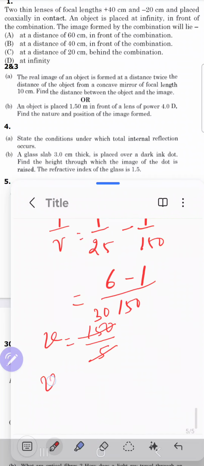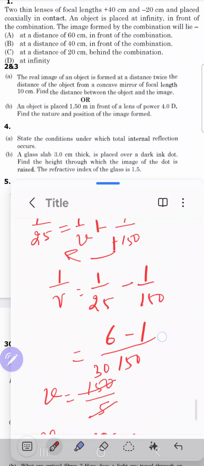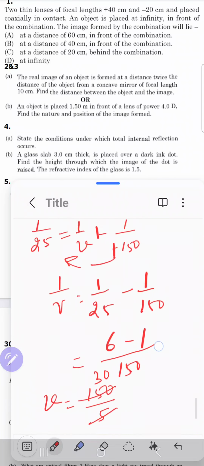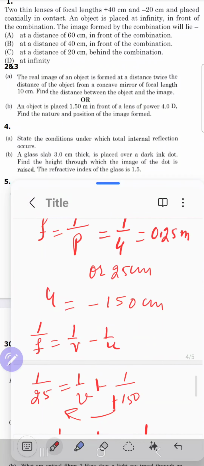So v we have got as 30 centimeter and it is positive, so it means the image is formed on the other side of the lens.